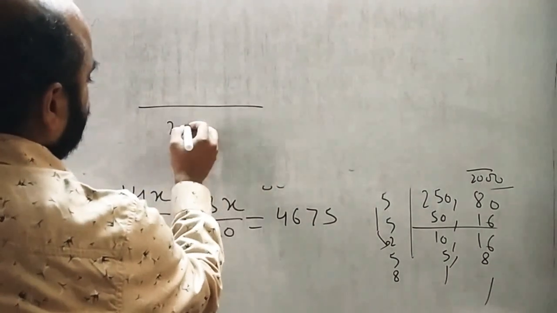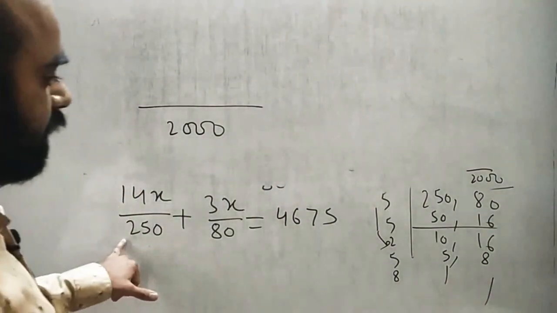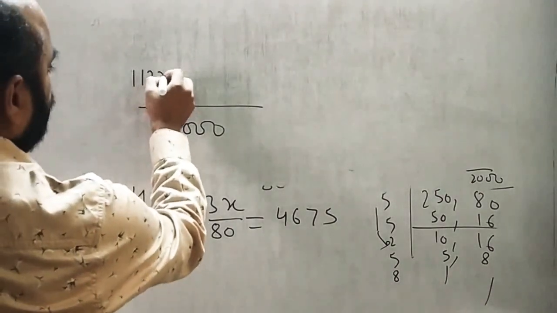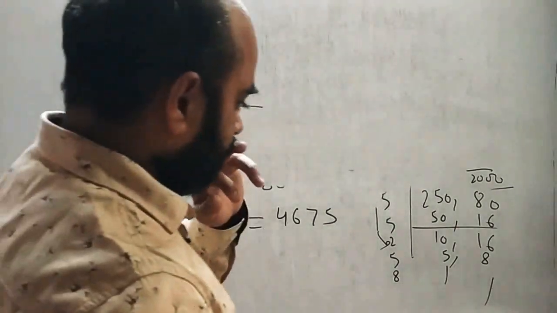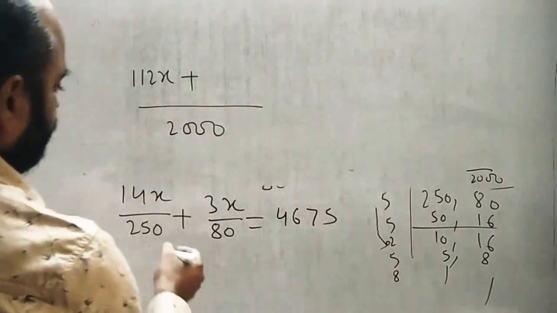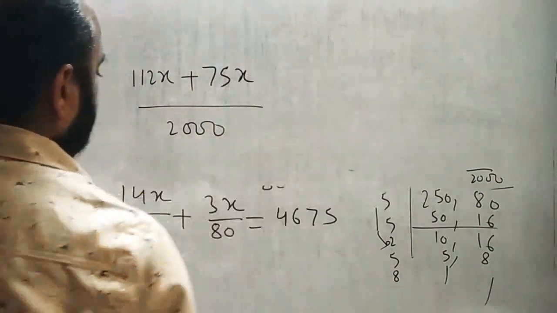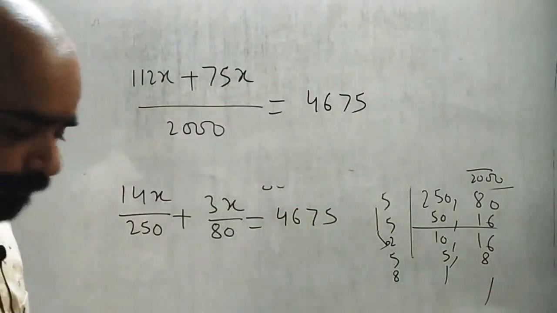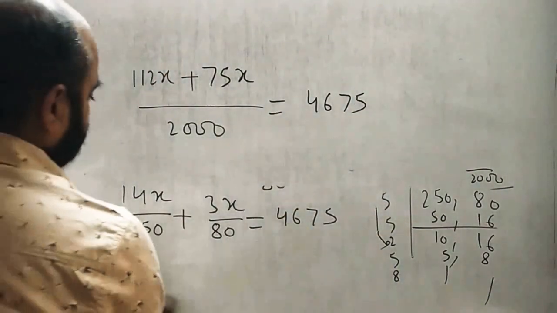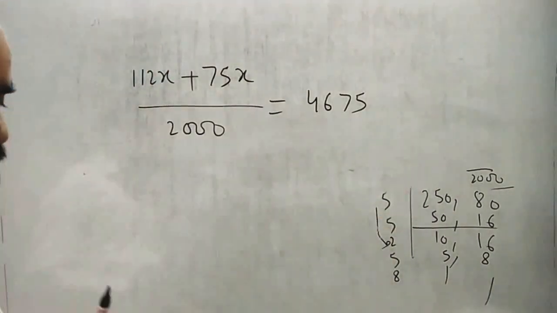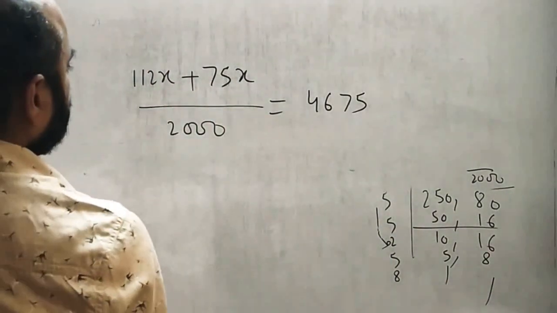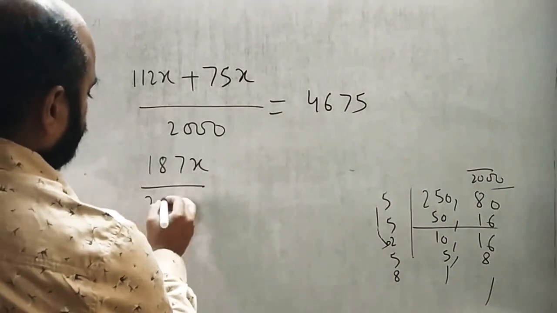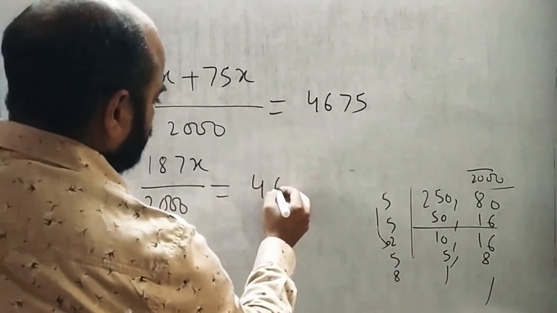So that will give 2000 and 250, 8 will come. So 112x plus 75x is equal to 4675. Clear? So finally this will be 187x upon 2000. Clear?